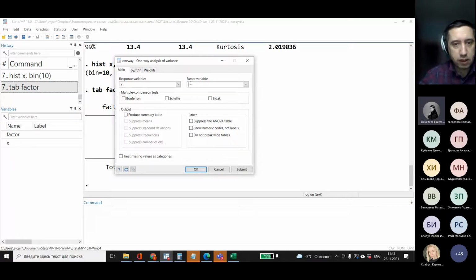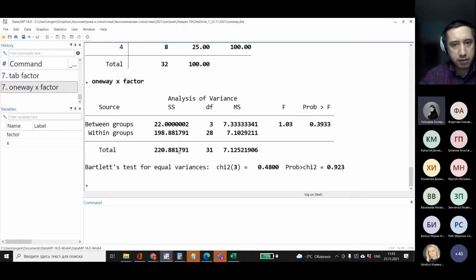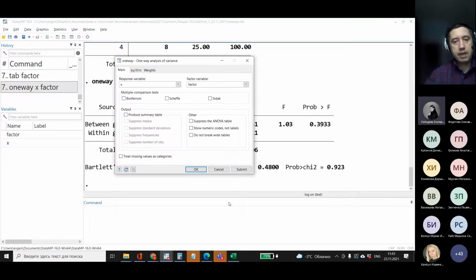And you have to find the factor variable, it is factor. And you can click submit. If you click submit, Stata will produce the ANOVA table. Please do the same, and type plus if you have the same output, and we have to interpret it.